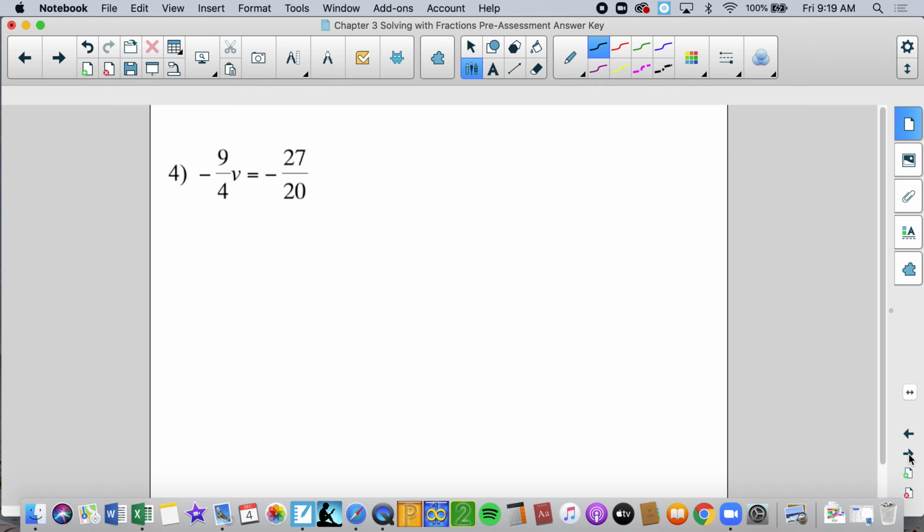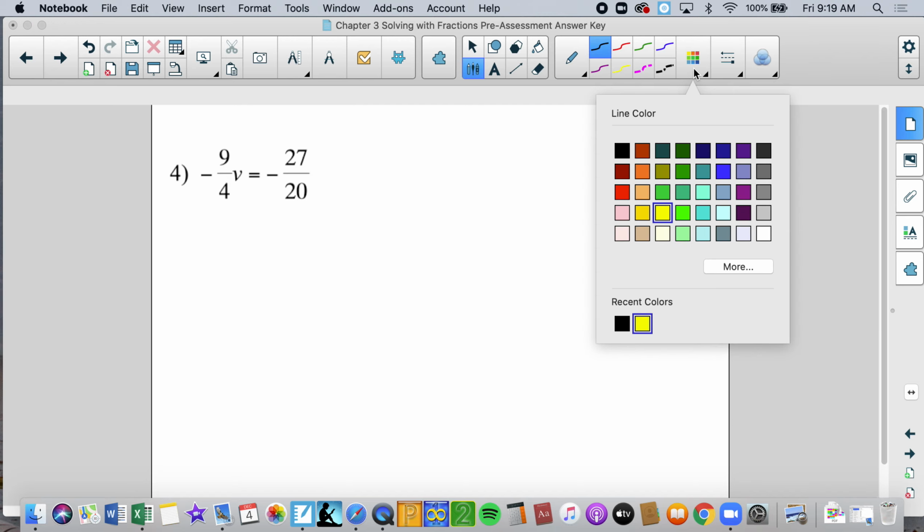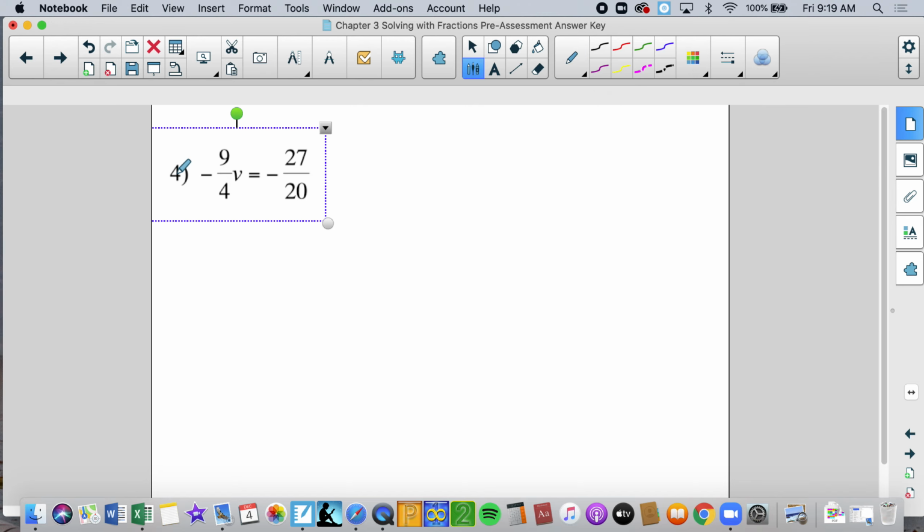Now we have just multiplication, and we have to multiply by the reciprocal. We don't want to divide in this, remember. We don't want to divide by -9/4. That's not going to be good, right? Who wants to deal with that? Yucky. So what we do is we multiply by the reciprocal.